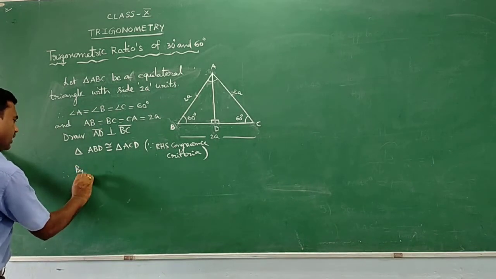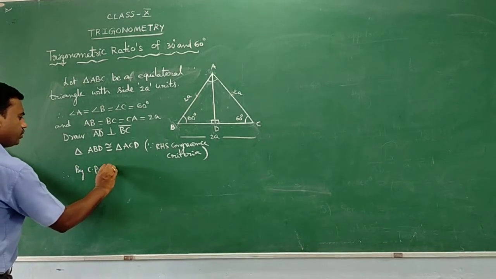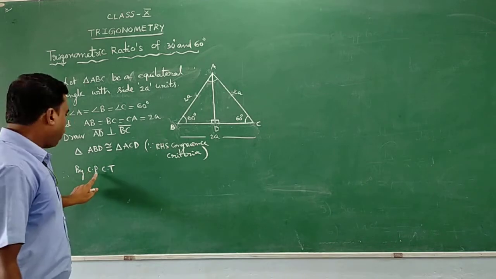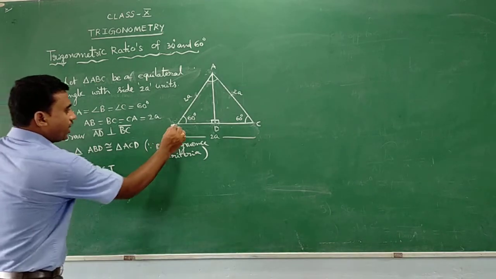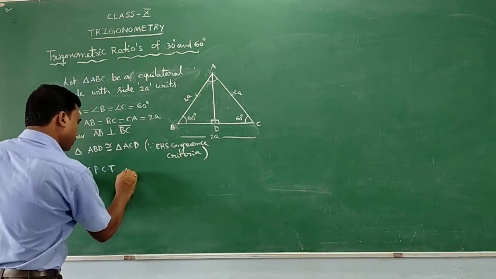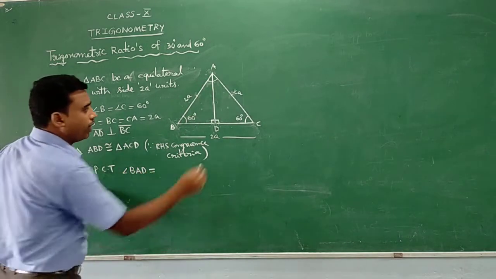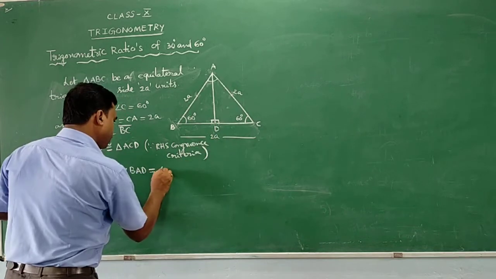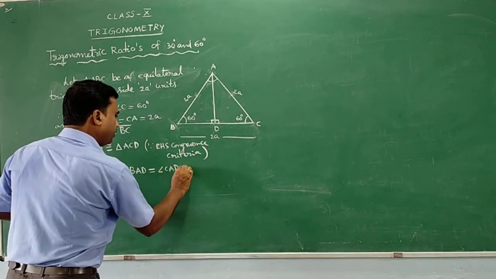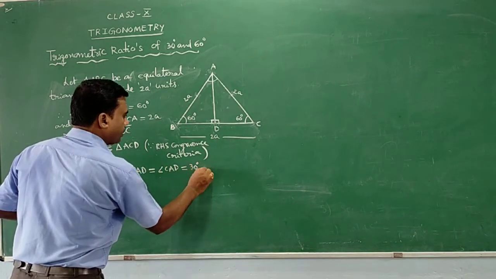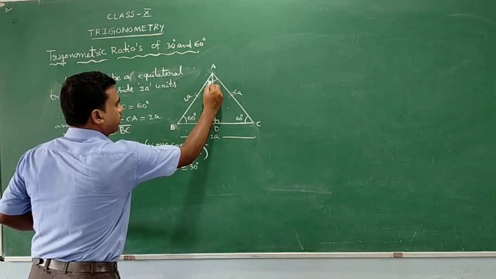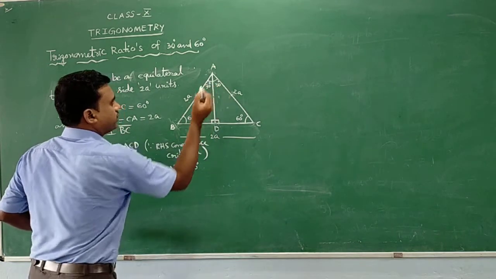Therefore, by CPCT, corresponding parts of congruent triangles, angle BAD is equal to angle CAD is equal to 30 degrees. So each one is 30 degrees.